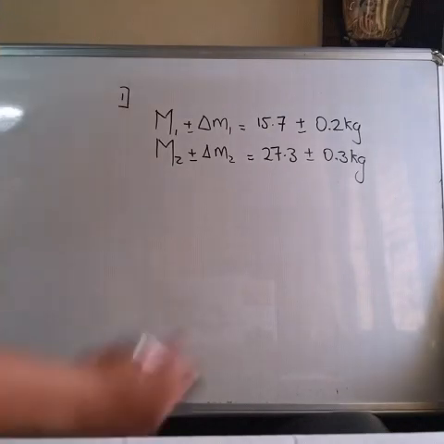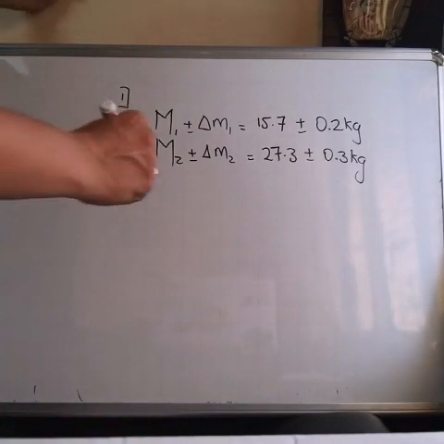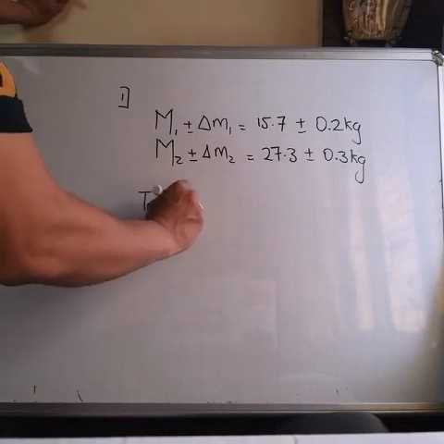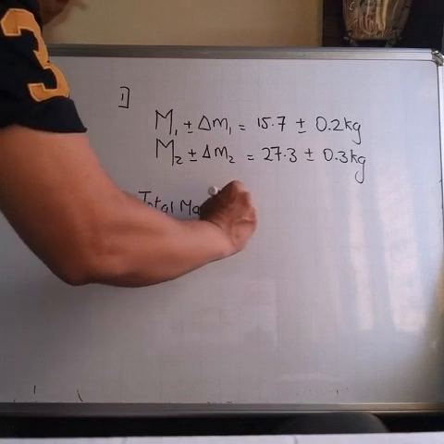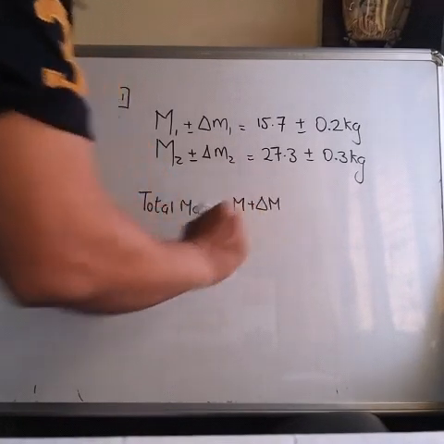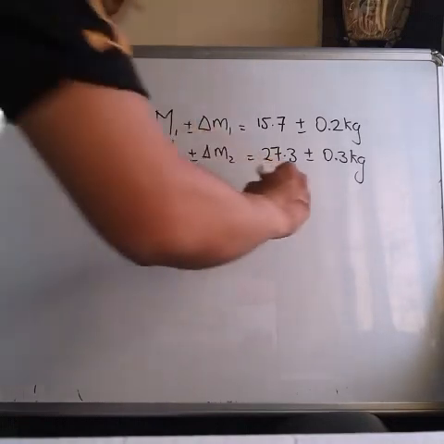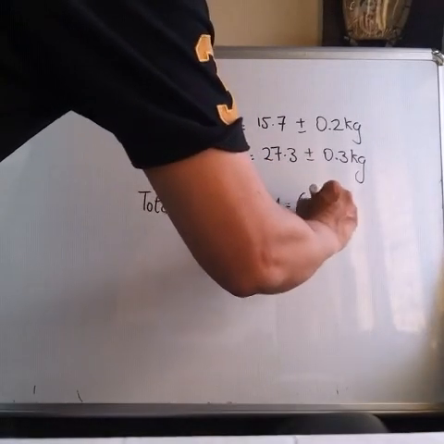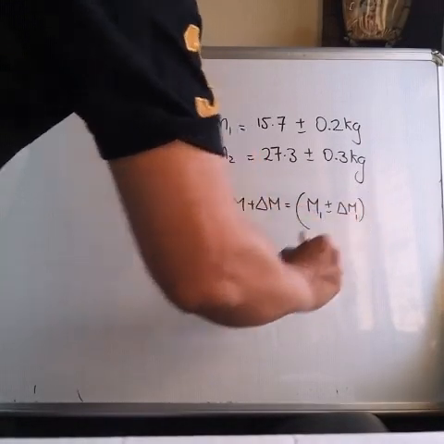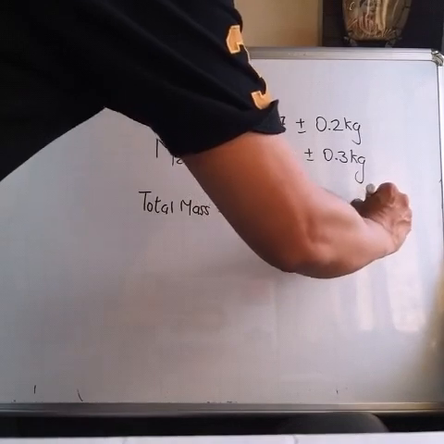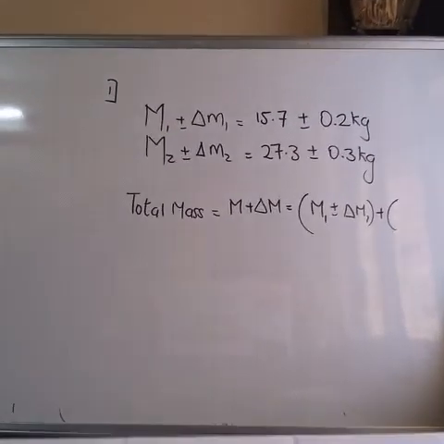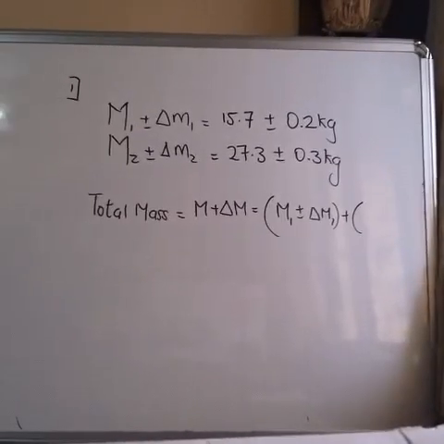Now they are asking you the total mass. So the total mass, I take the symbol M plus minus delta M, which will be equal to M1 plus minus delta M1 plus M2 plus minus delta M2.